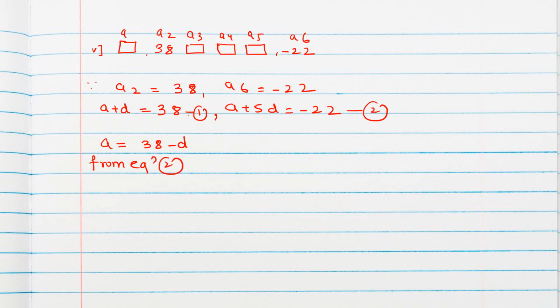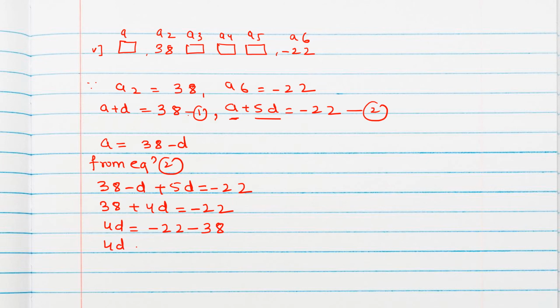So A is 38 minus D, plus 5D, we should copy as it is, minus 22. So 38, and 5 minus 1 will be 4D, minus 22. So 4D is minus 22 minus 38, which will give minus 60. So D is minus 60 by 4, that means minus 15.